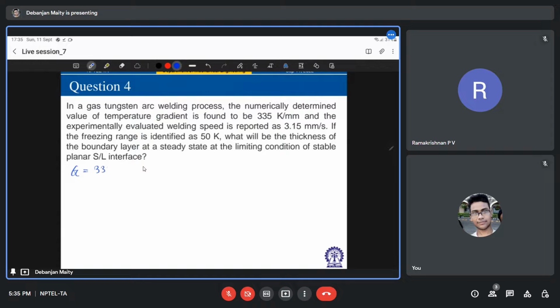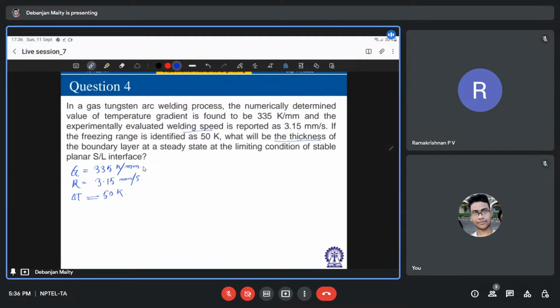So if we see the numerical given values, G is given as 335 Kelvin per mm, and my welding speed is given, so R is 3.15 mm per second, and then my freezing range, so delta T is given as 50 Kelvin, and then we need to find out the thickness of the boundary layer.